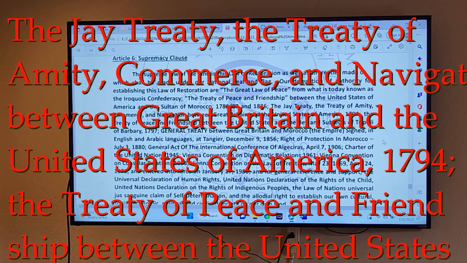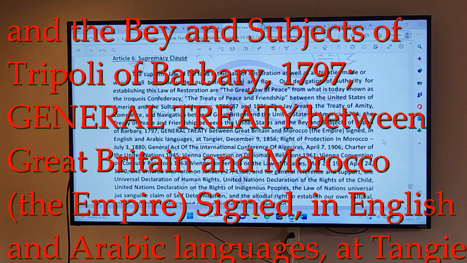The Jay Treaty, the Treaty of Amity, Commerce and Navigation between Great Britain and the United States, 1794. The Treaty of Peace and Friendship between the United States and the Bey and the subjects of Tripoli and Barbary, 1797.